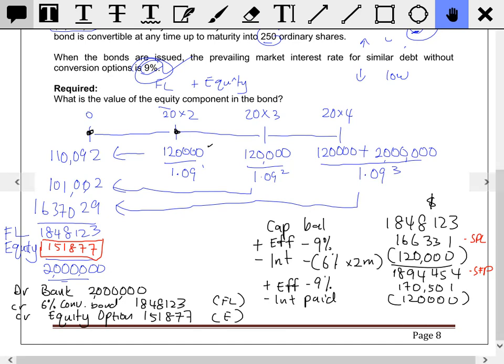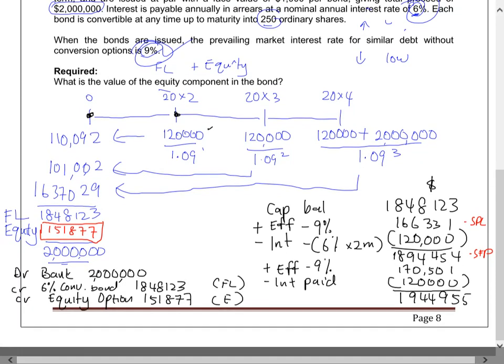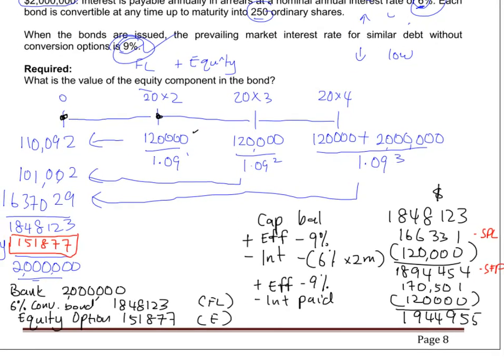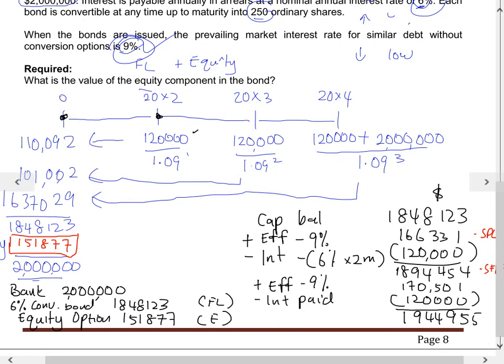Our equity option will always be 151, no remeasurement. Equity option, no remeasurement. Done.